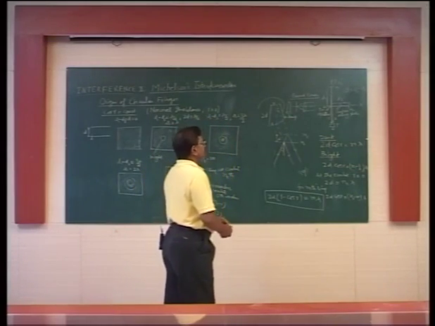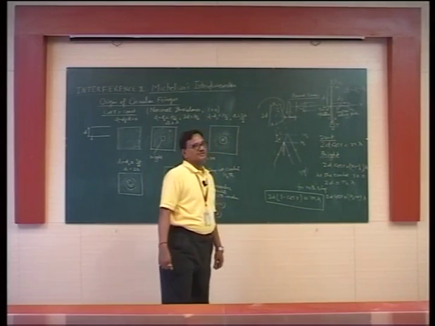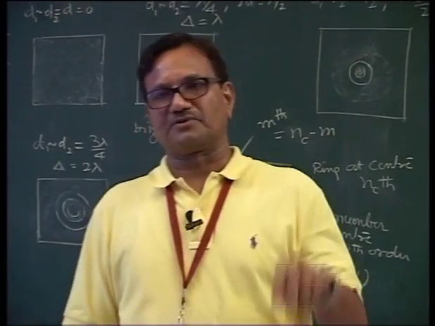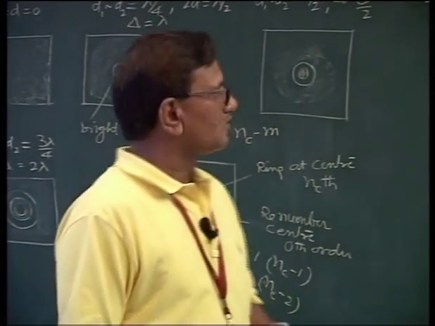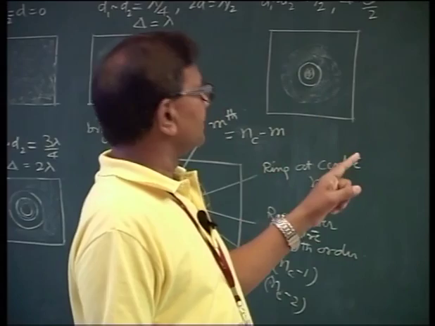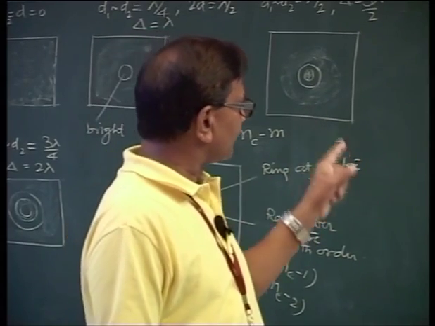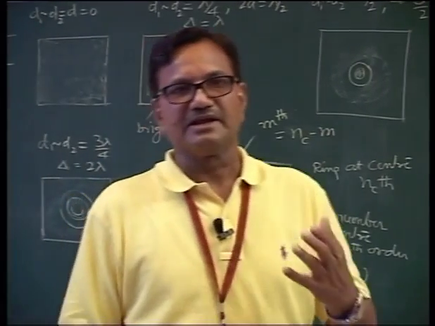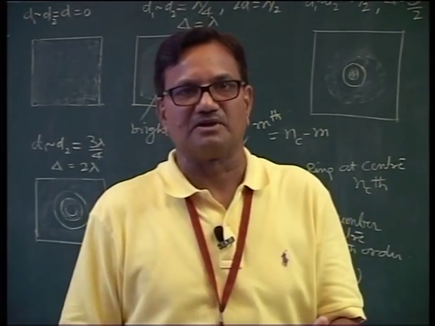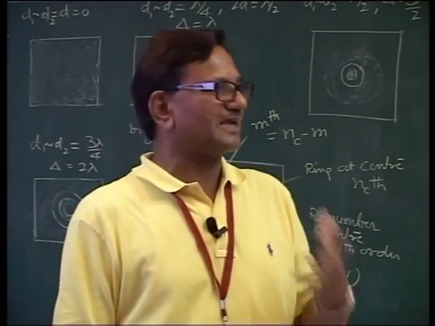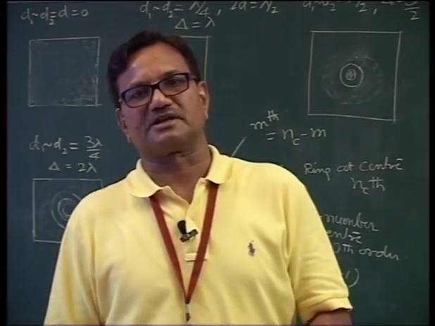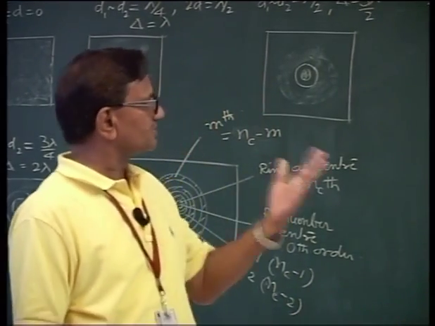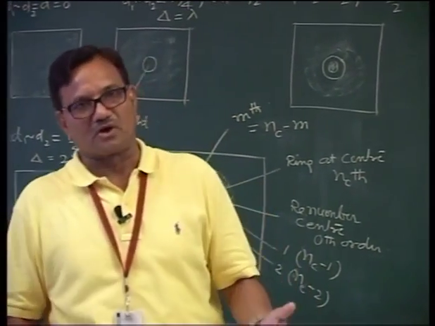I repeat it, 2d cos r is equal to n lambda is the original formula, but we have seen that as r increases, cos r decreases, therefore n decreases. The ring at the center is of the highest order, since r equal to 0 means cos r has its maximum value, and the ring at the circumference is of the lowest order, but the order is not known.